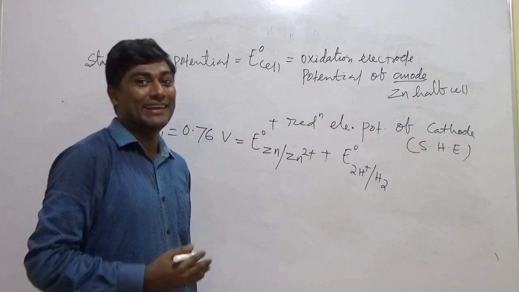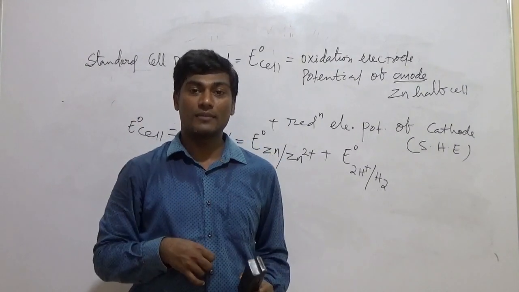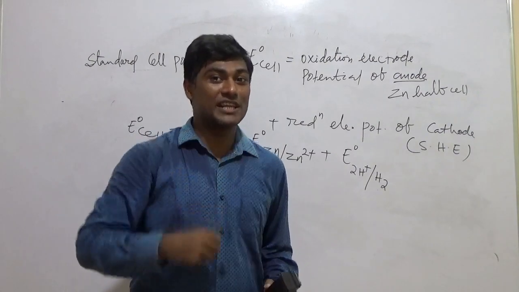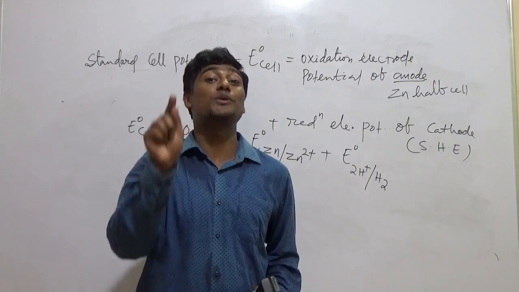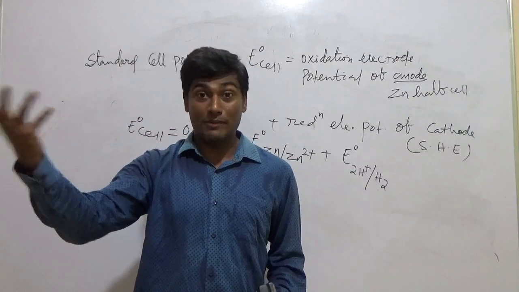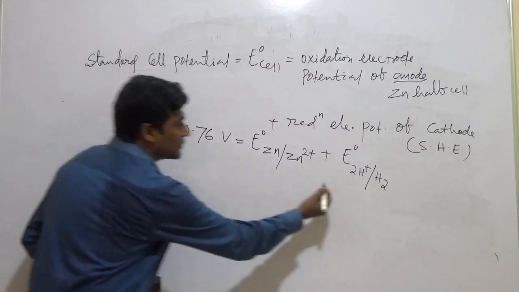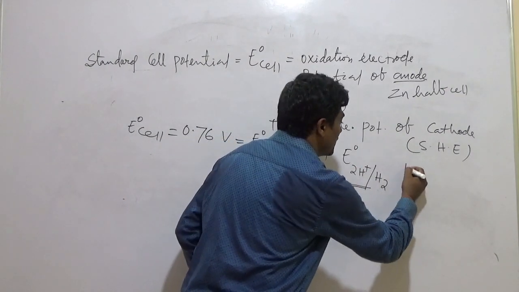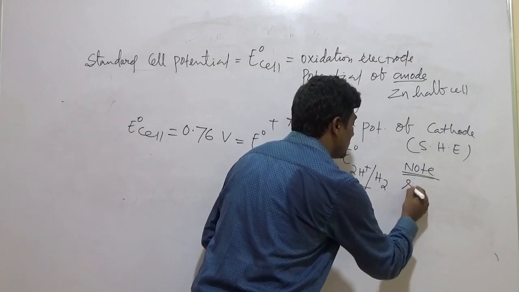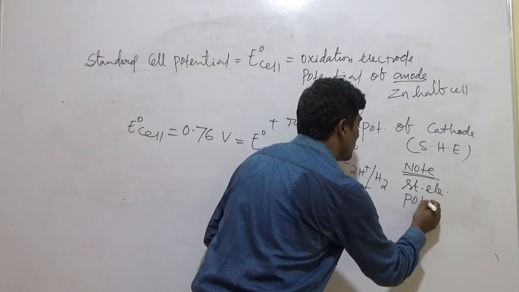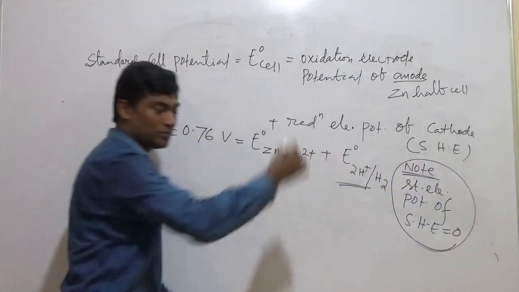Conventionally, when we constructed the standard hydrogen electrode, we have taken the electrode potential of the standard hydrogen electrode to be 0, so that whatever electrodes you connect with it, there is no problem. So in the note you should write: the standard electrode potential of SHE is conventionally taken as 0.